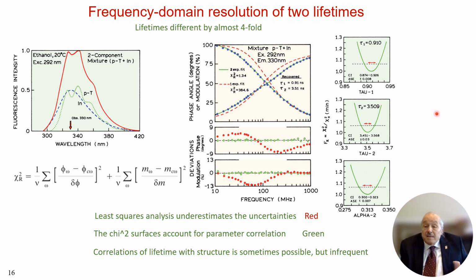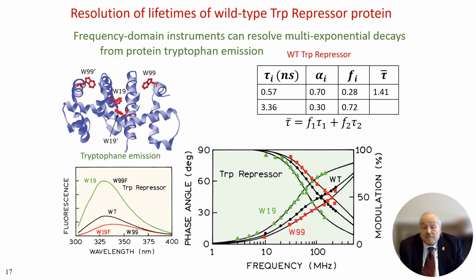In my opinion, these numbers are always too small, and the true uncertainty is given by the chi-squared surface, which is the surface that's obtained by varying a parameter value and refitting the data. But obviously it's quite easy to resolve these lifetimes that are different by 4-fold.